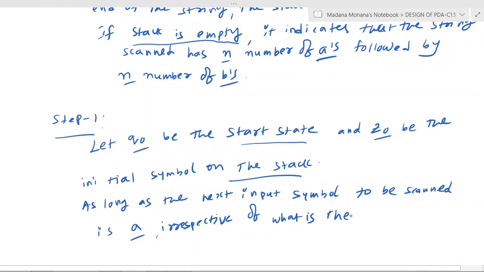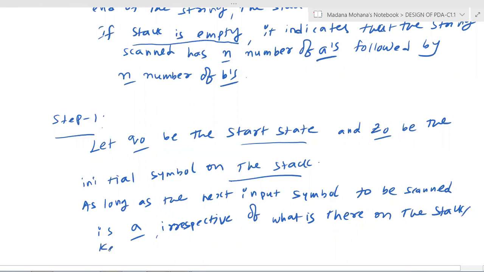As we mentioned above, as long as the next input symbol to be scanned is A, irrespective of what is there on the stack, you don't bother about whatever the initial symbols on the stack. So what do you have to do?